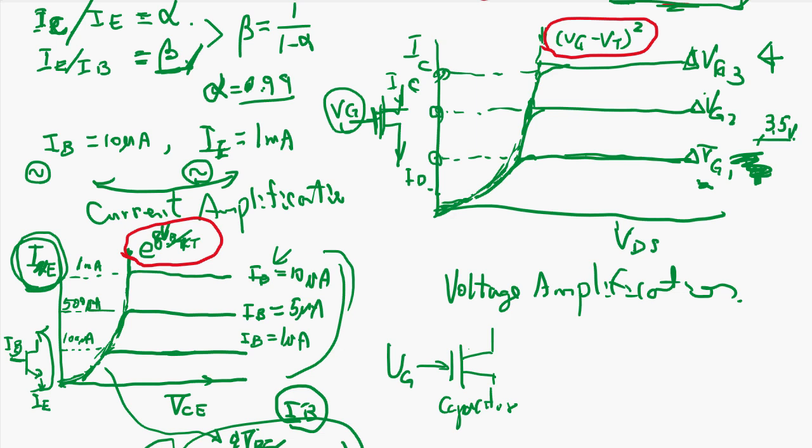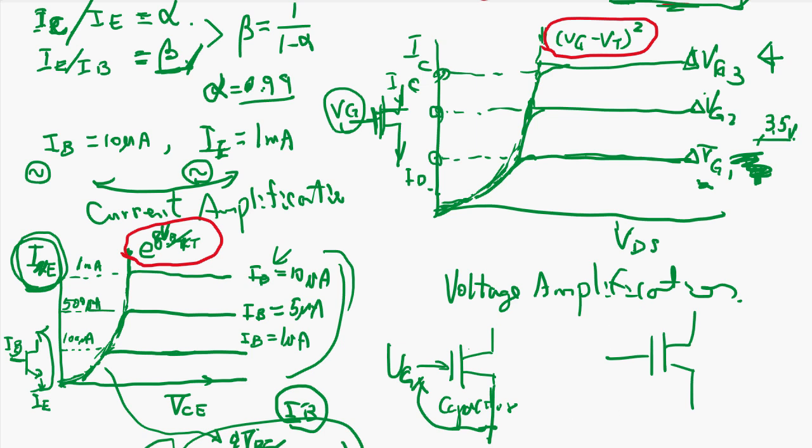So MOS is the same for the N channel and the P channel. For the P channel, this voltage becomes VG.